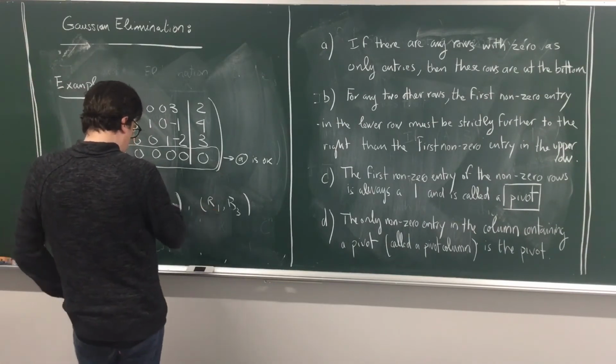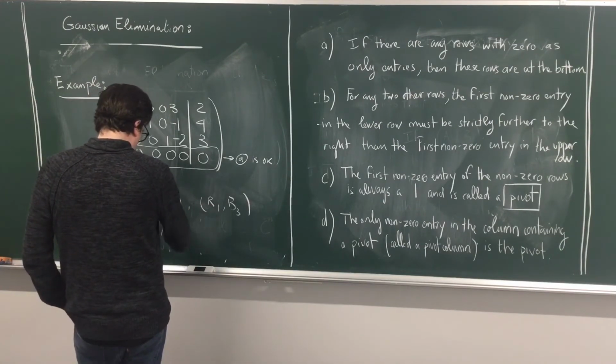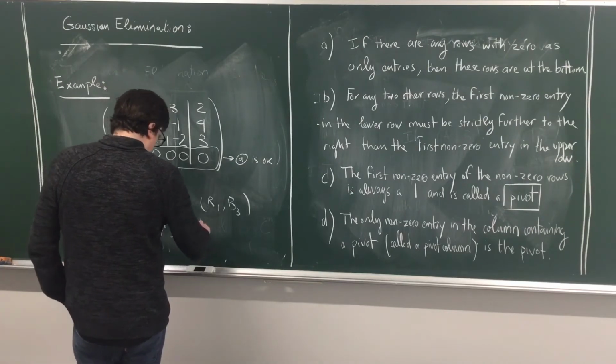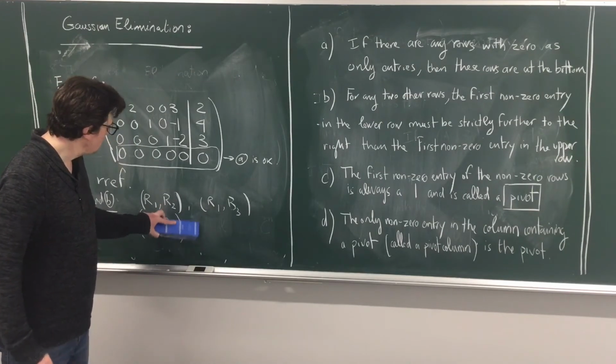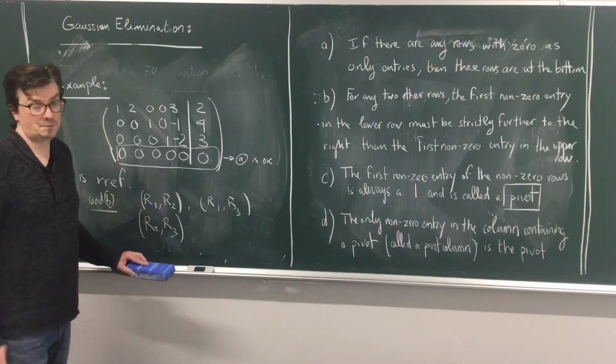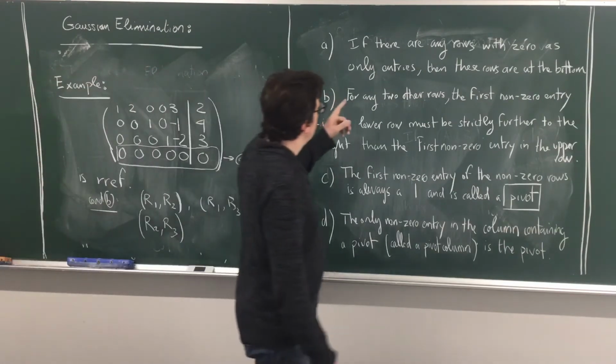So what do I have to do? I still have to do row 2, row 3. And yeah, that's it. So I have to check it 3 times. Now let's read.